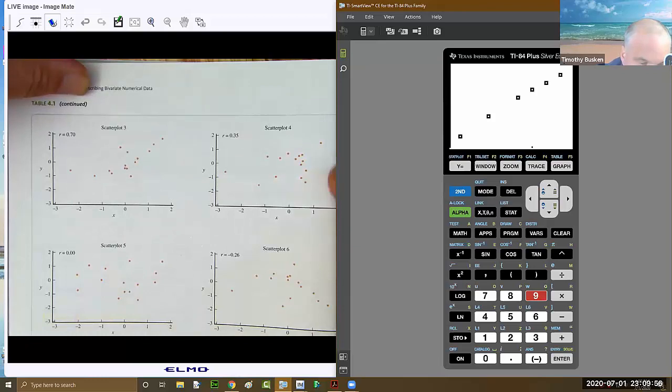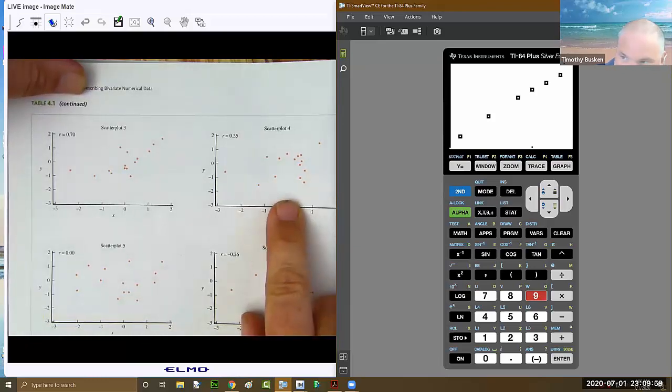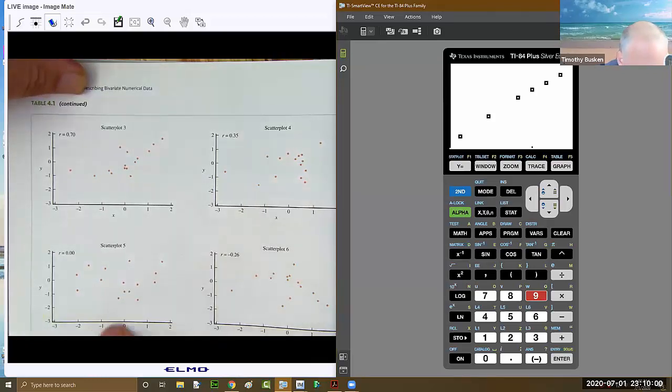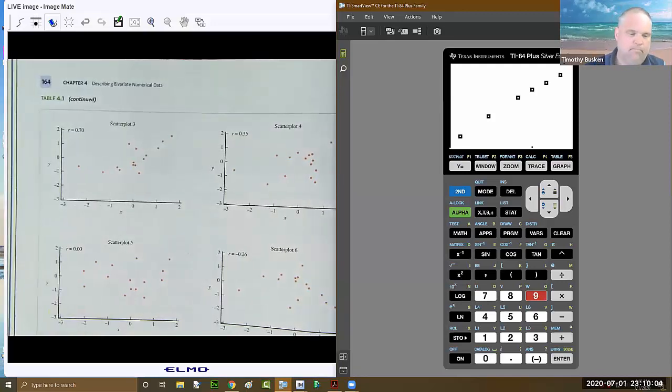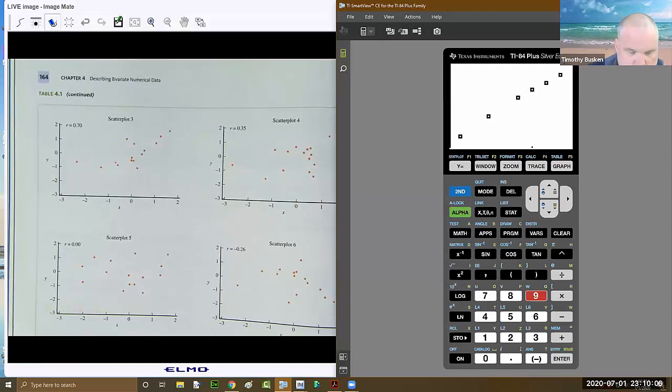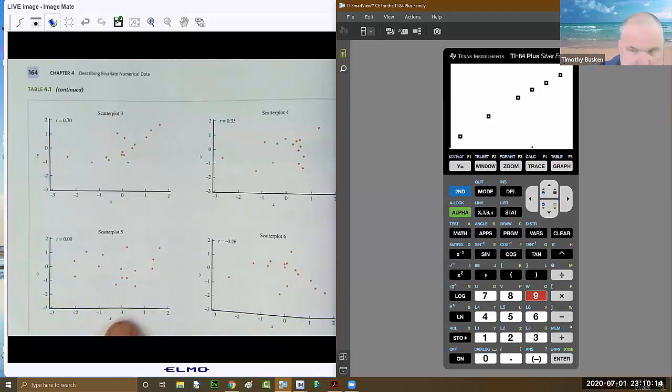Once you get down pretty close to 0, here at 0.35, and at 0, it looks like there's no correlation. So when there's no correlation, the value of R will be 0. In other words, there's a 0% strength of the linear relationship between X and Y. It's non-existent.